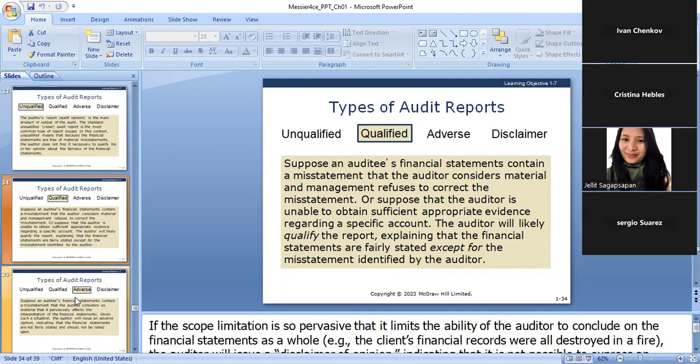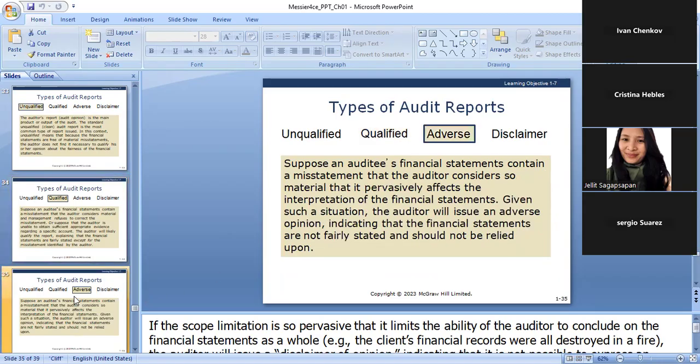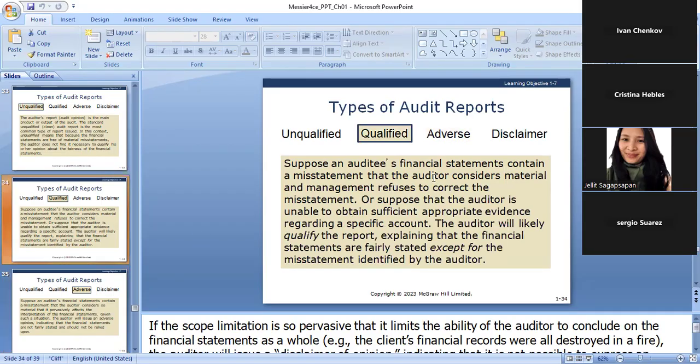Now let's see what the adverse opinion is. What's the difference between qualified and adverse? Adverse is when the audited financial statements contain misstatements. Again, we found the misstatement, we consider it material, and it affects the interpretation of the financial statements. In this case, the misstatement is considered material, but it doesn't pervasively affect the interpretation of the financial statements.